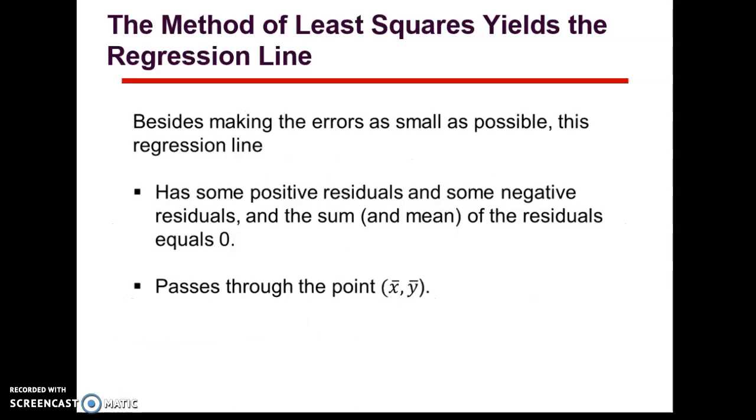The regression line has some positive residuals and some negative, and the sum and mean of the residuals is equal to 0. It goes through the point x bar, y bar. So it goes through the average for the explanatory variable and the average for the response variable.